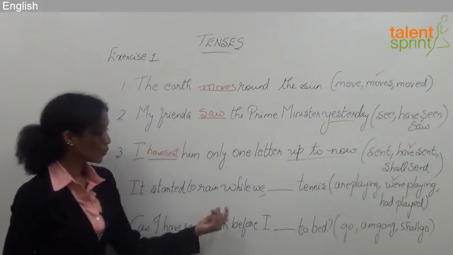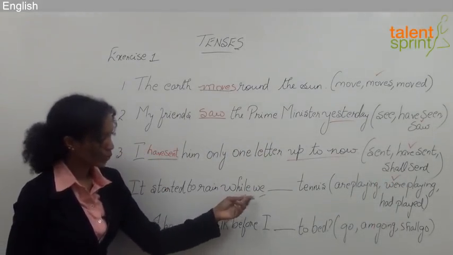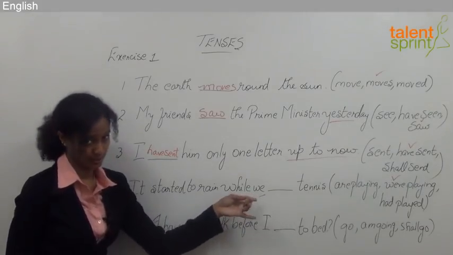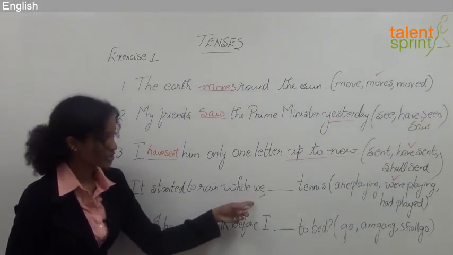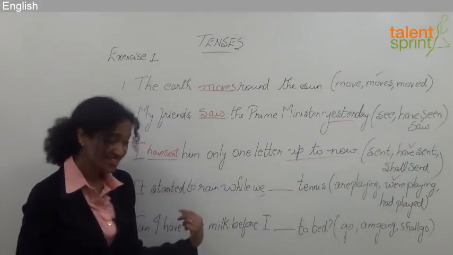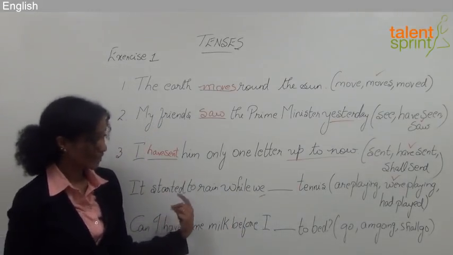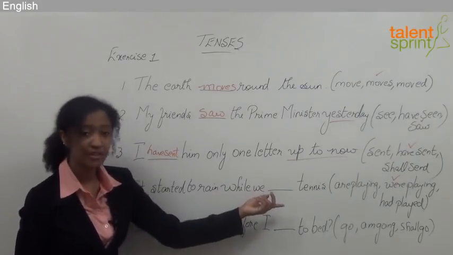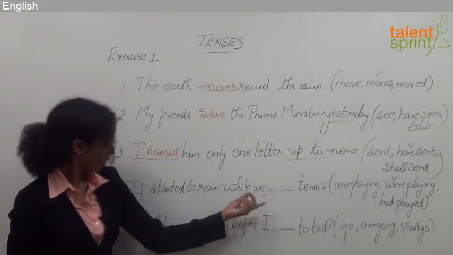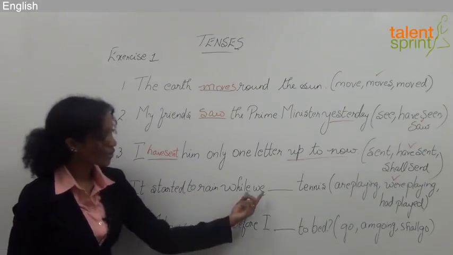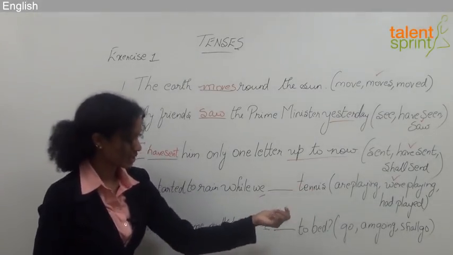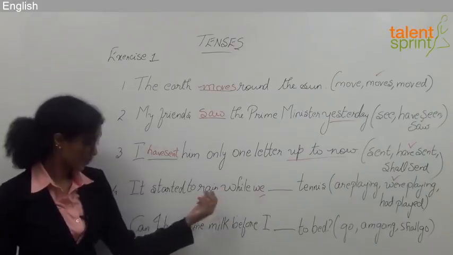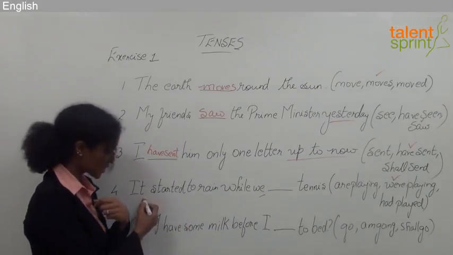So while we were, I know when we is coming is the plural. So I can't say we are playing tennis because here the action is continuing, right? It's continuing, but it started to rain while we were playing tennis. It can't be we had played just because of this, it started to rain.